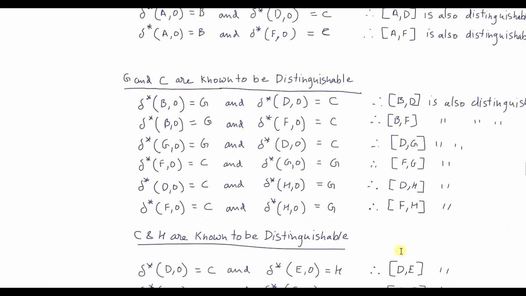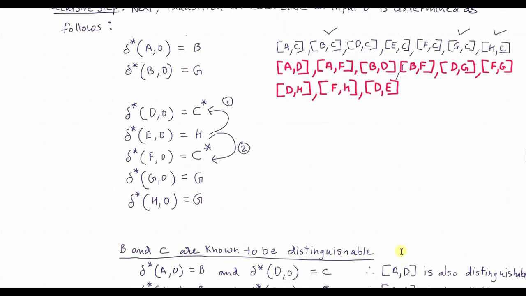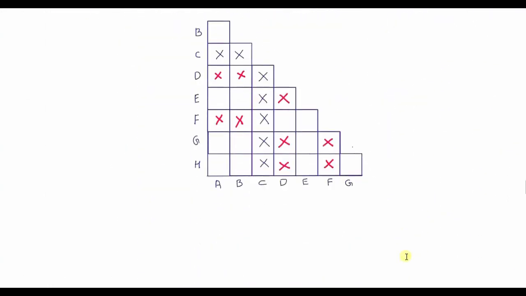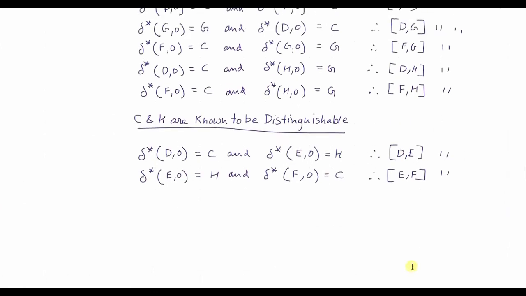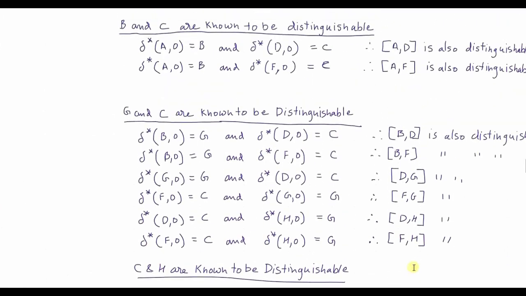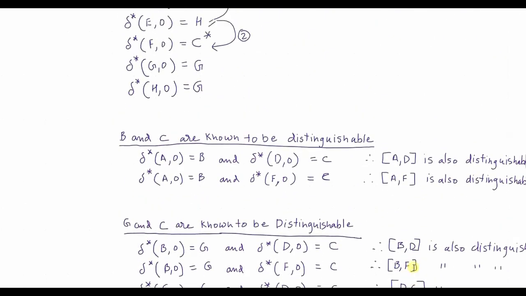And the second newly found pair, that is E comma F, I will be adding it here, and I will be also marking it in the table, the cell E comma F. E comma F is not possible, then you check F comma E, and F comma E happens to be this cell.